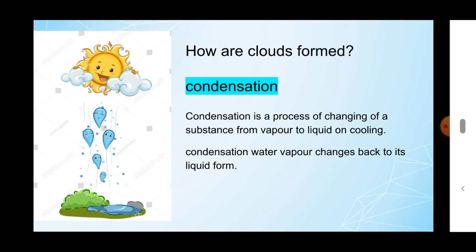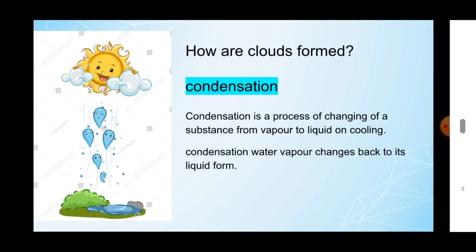See, the condensation plays an important role in bringing the water back to the earth's surface. So which one plays an important role to bring back the water to the earth's surface? Condensation process. What is condensation? It is the process in which water vapor, that means generally vapor, converts into liquid form on cooling.